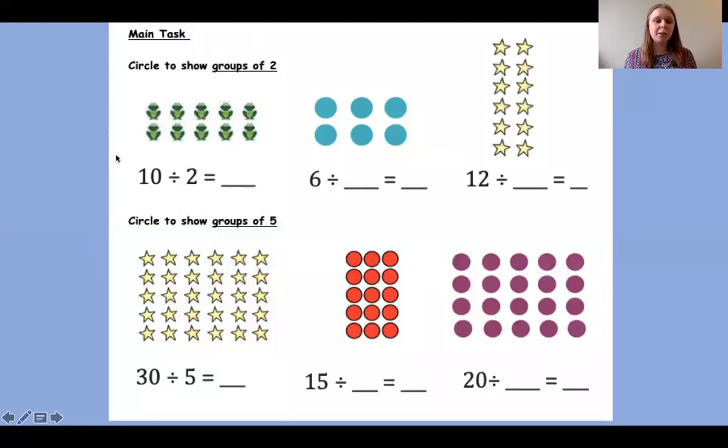So the first one is here, we have 10, and you're going to divide it by 2 to show how many are in a group. And then you have 6 and 12 to divide into groups of 2. And then your next 3, you are going to show groups of 5. So you're going to divide by 5 to find out how many are in a group.